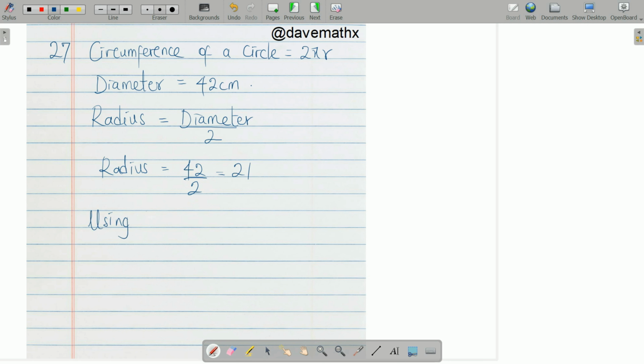After applying the circumference of a circle formula, we will use it to solve the question. Don't forget that pi is 22 over 7.